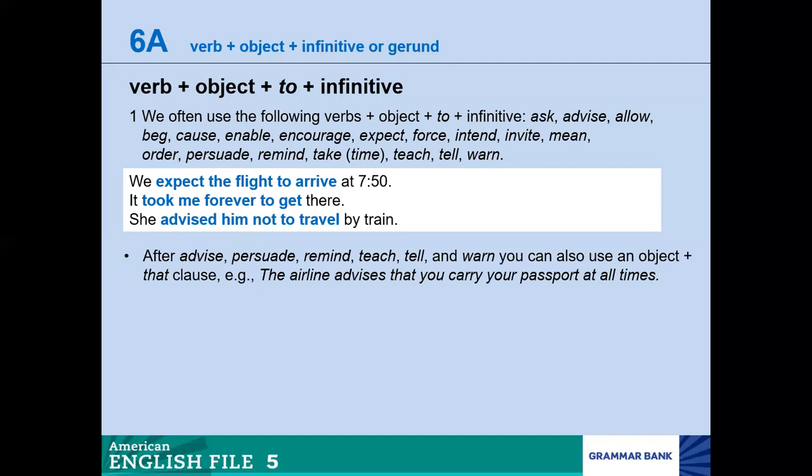Important to know that after the verbs advise, persuade, remind, teach, tell, and warn, you can also use an object plus that clause. Example: the airline advises that you carry your passport at all times.